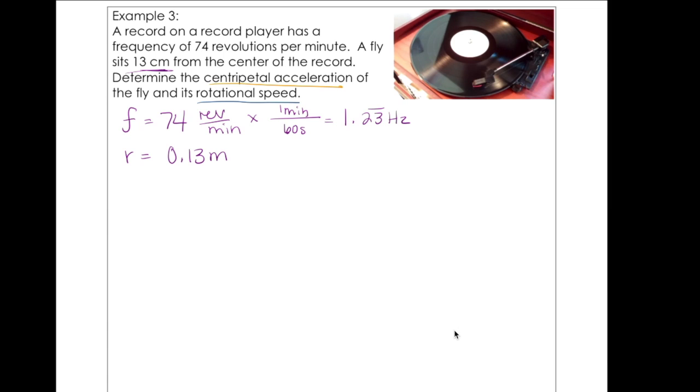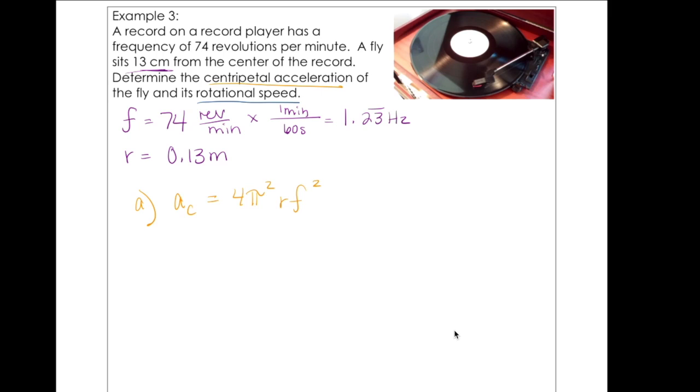For finding the centripetal acceleration, we'll call that part A. They gave us the radius and the frequency, so we can use the equation AC equals 4 pi squared r f squared to solve for centripetal acceleration.